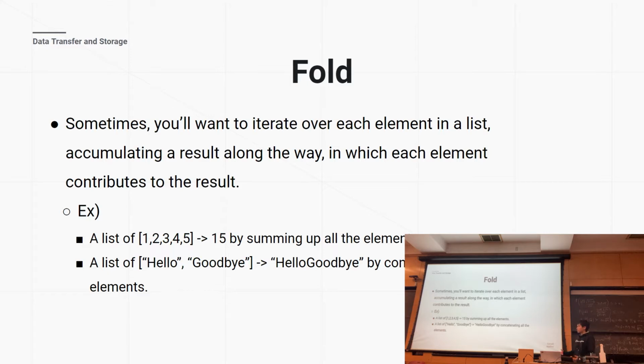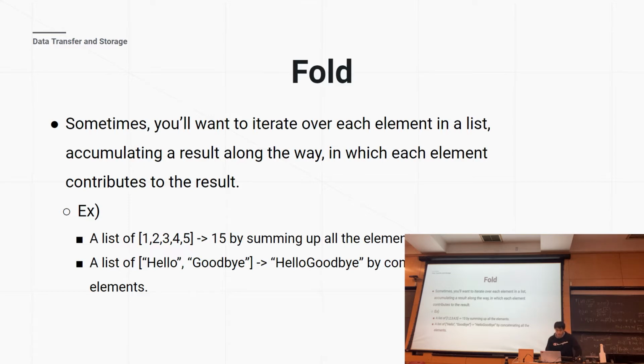Anytime that you want to accumulate a result in which every single element contributes, you'll want to use a fold. So I could say, take 1, 2, 3, 4, 5, and fold by summing up all the elements to get 15. And I could also fold my list of strings by, say, concatenating every single one until I get a massive string in the end result. So fold is basically accumulating a result.